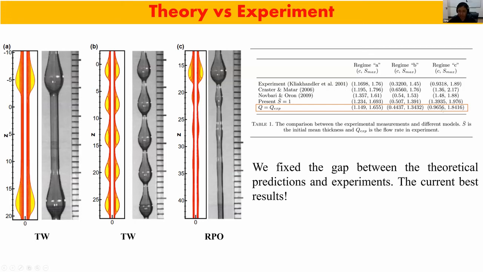And in our study, this has been improved to 3%. So by discovering the bug in the modeling work, we fixed the gap between the theoretical predictions and the experiment. And we finally get the current best results.